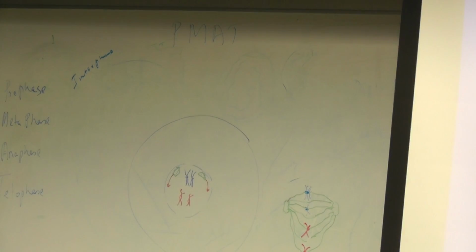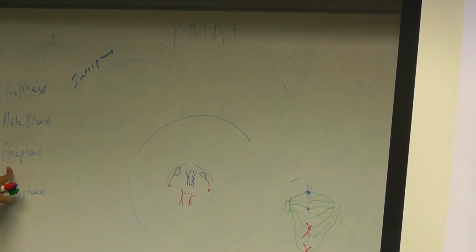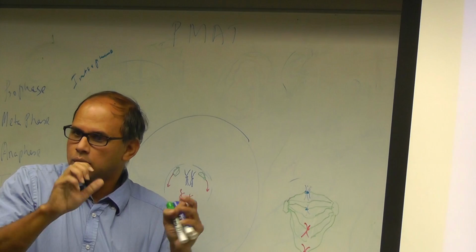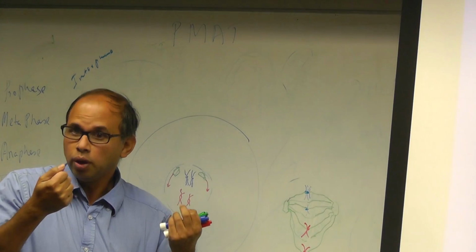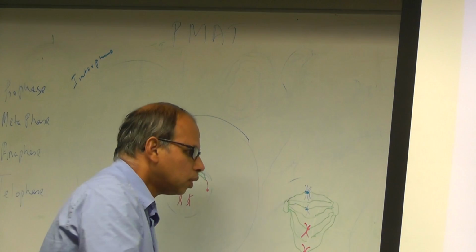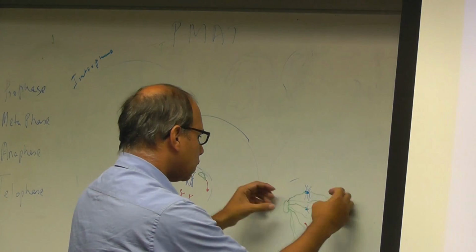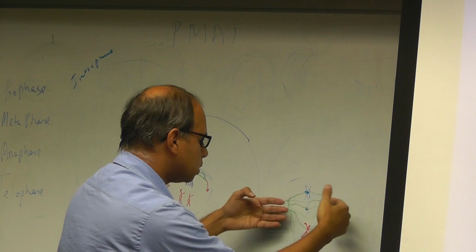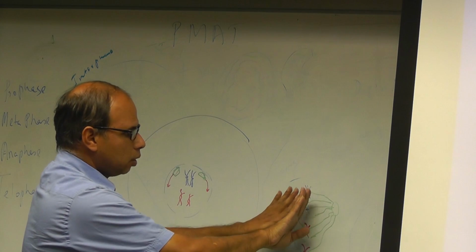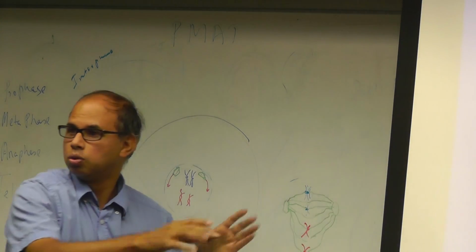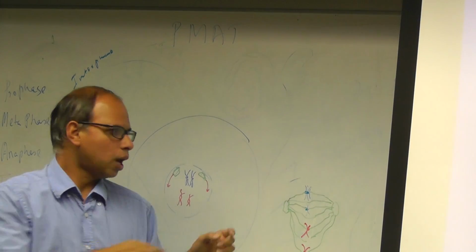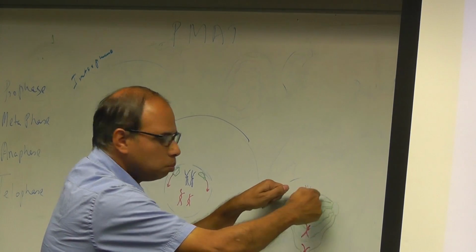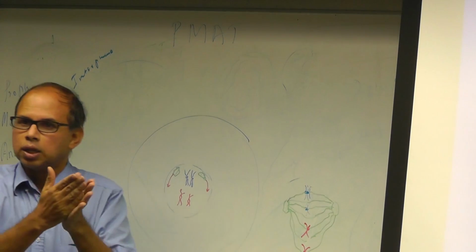Okay, now we come to anaphase. What happens is the spindles start pulling. And because these threads also push against each other, this creates a force to separate this out. So it's almost like having this thing and putting two strings here and then applying force, and the two separate out.